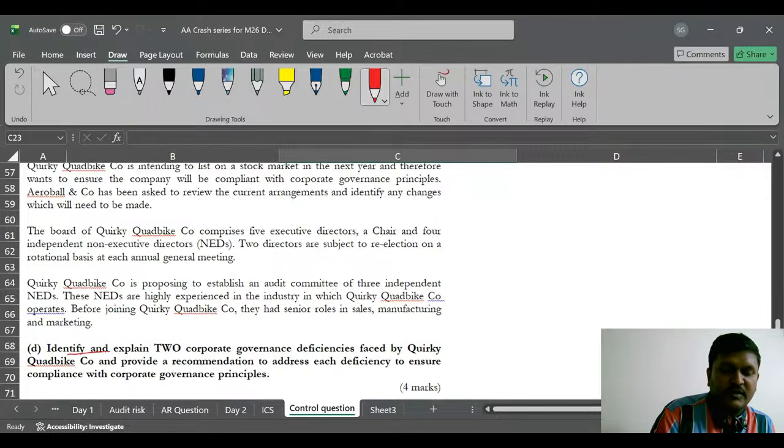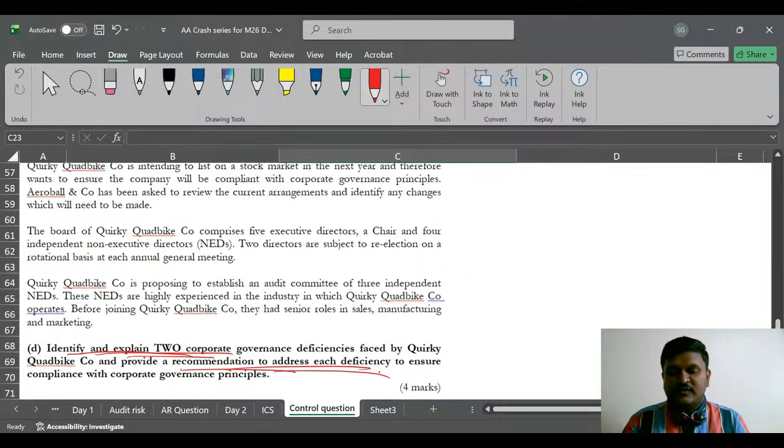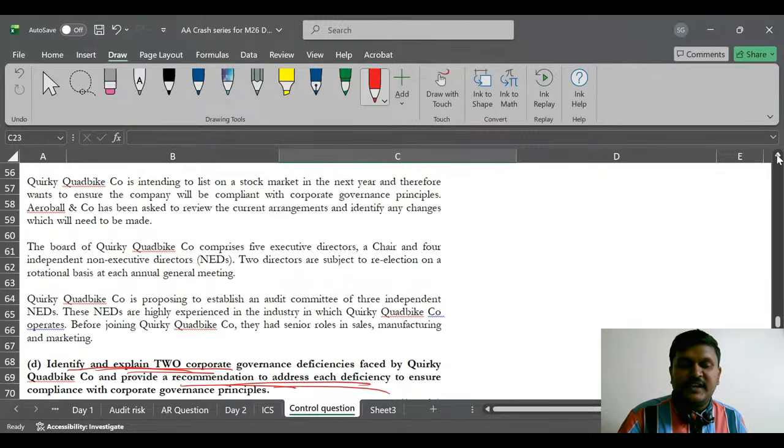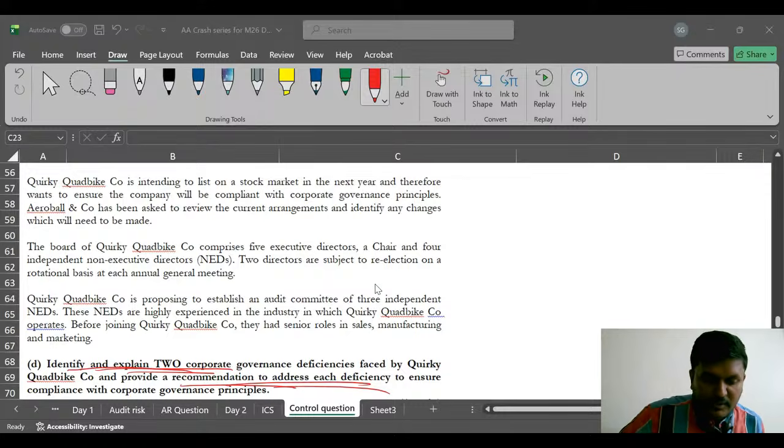One column will be for identifying and explaining why it is a deficiency, and then you need to provide a recommendation to address each of the deficiencies. Same tabular structure, you need to identify only two, but in this question we'll be having more than two. So let's see from your end, guys, are you seeing any kind of control or corporate deficiencies in these paragraphs?